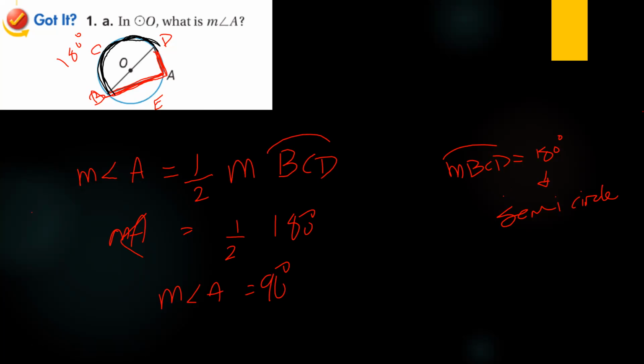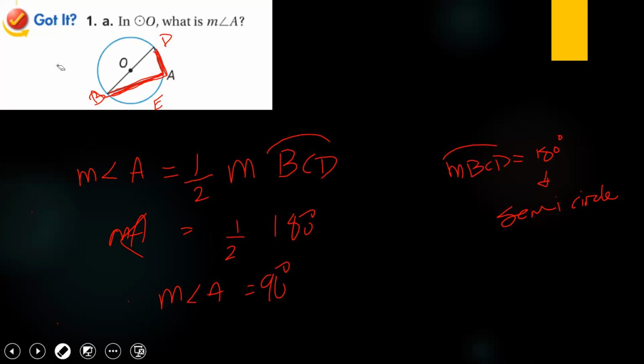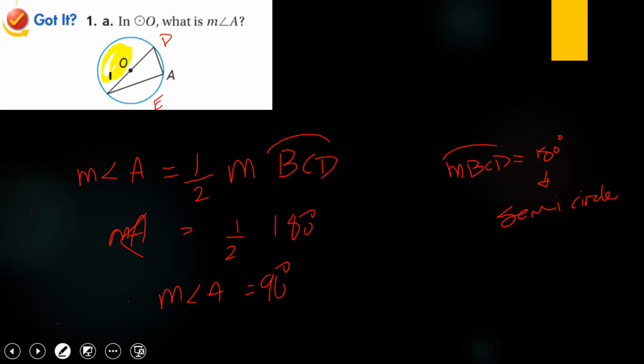Think about it for 1 minute. Here, the angle A, its arc is BCD. Since it's a semicircle, how did I know it's a semicircle? Here we have a diameter.